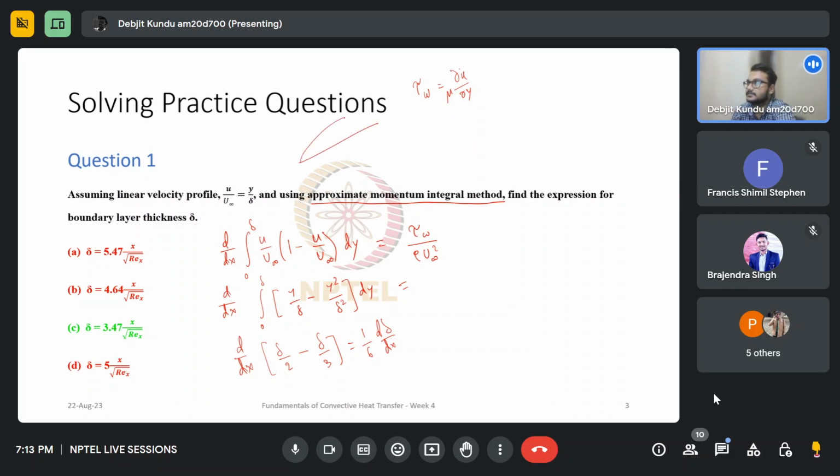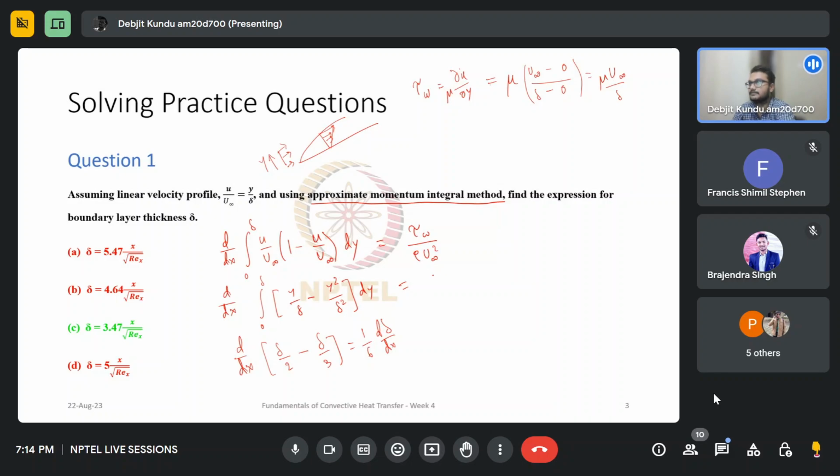The picture is like this: this is the boundary layer, and the velocity profile is linear with respect to y. At y equal to delta, the value of u is u infinity. So the slope dou u dou y is constant across y, and can be written as u infinity minus 0 divided by delta minus 0. So this is nothing but mu into u infinity over delta.